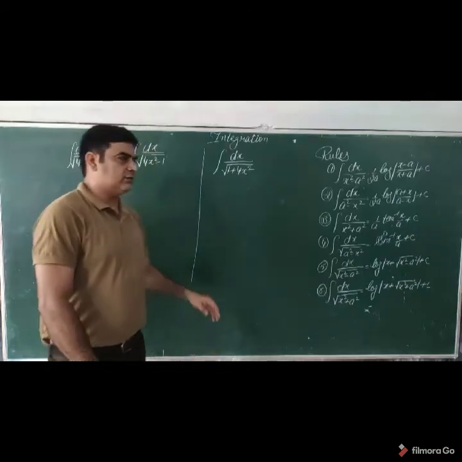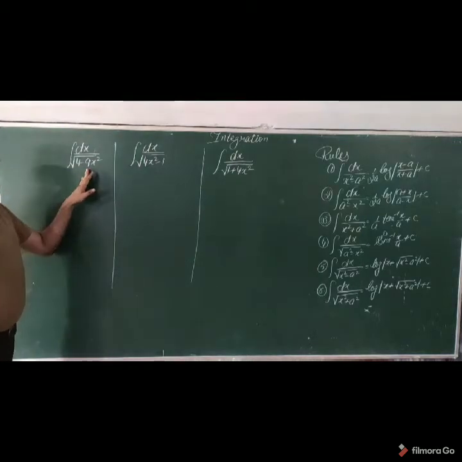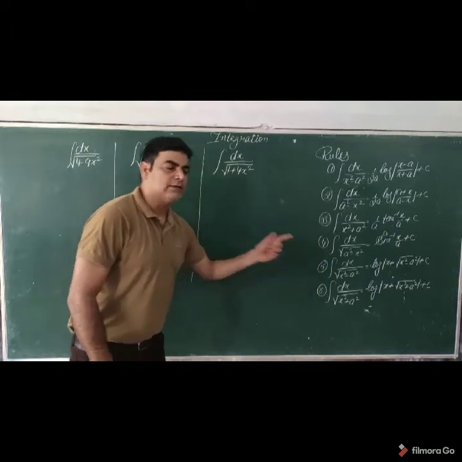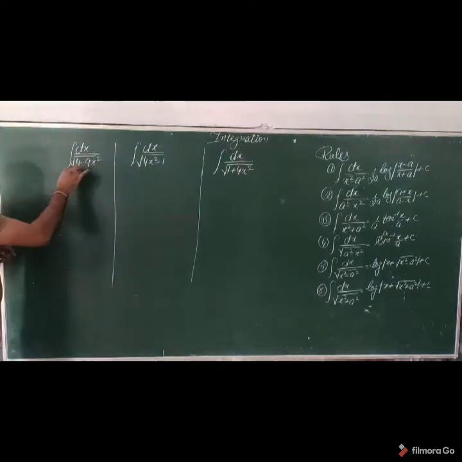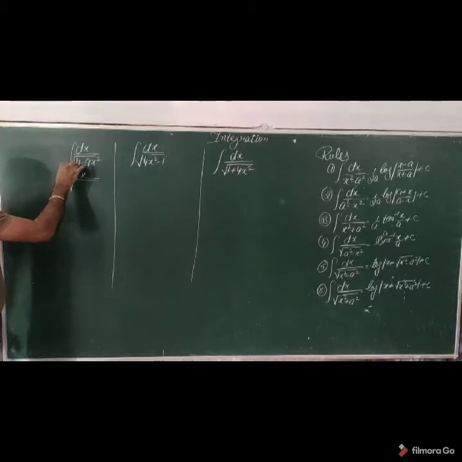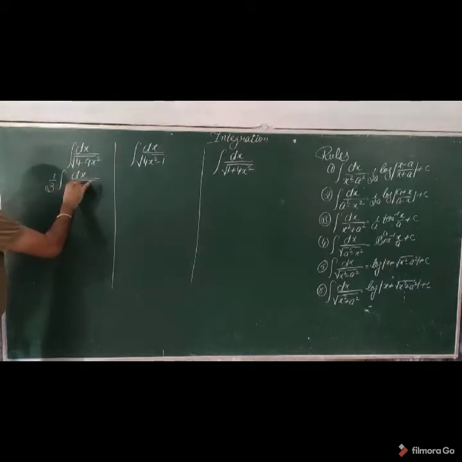Now we are going to discuss another type, when the terms come under a square root. That means we are going to discuss rules number 4, 5 and 6. Same concept: make the coefficient of x square 1 first. So we have to take 9 common outside. If we take 9 common outside under the square root, it becomes 3. It is given by 4 by 9 minus x square.